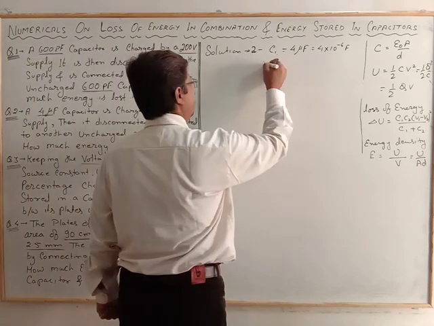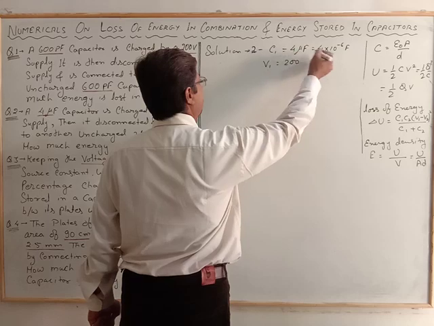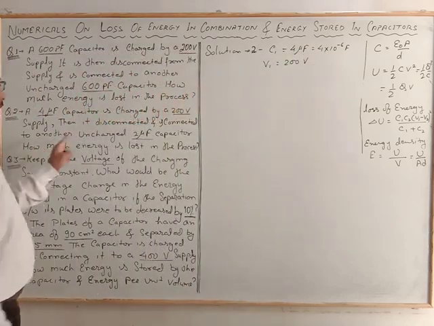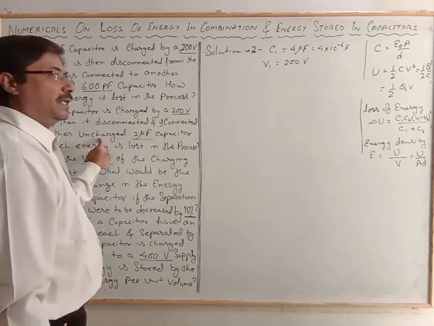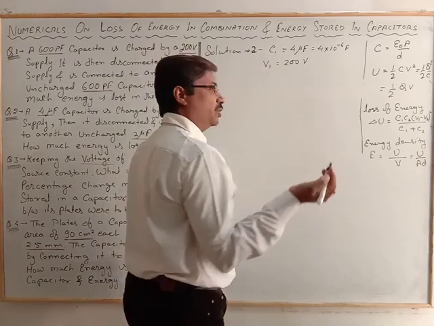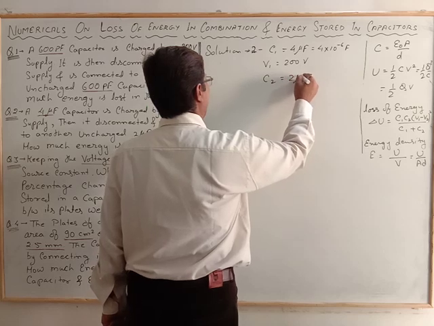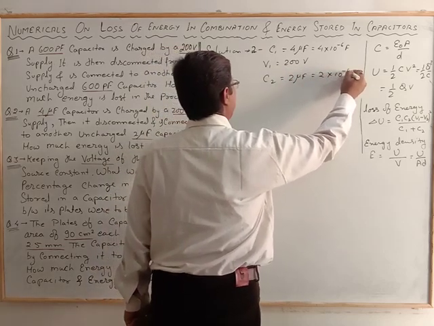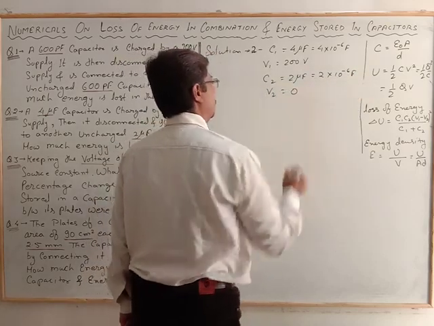Now the second capacitor, which is uncharged, means there is no potential difference between the plates, since there is no charge on that capacitor. So C2 is equal to 2 microfarad, that is 2 into 10 to the power minus 6 farad. But V2 is equal to 0.